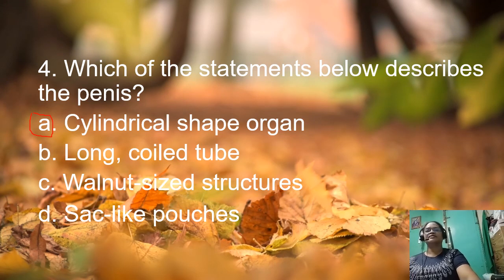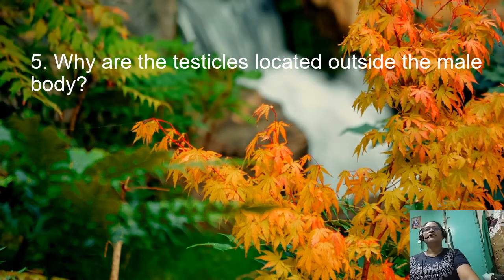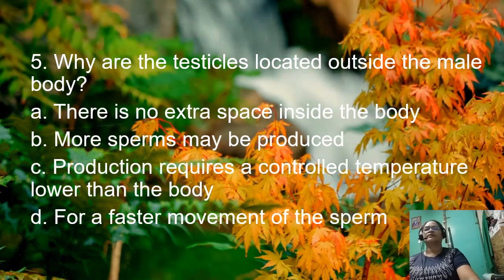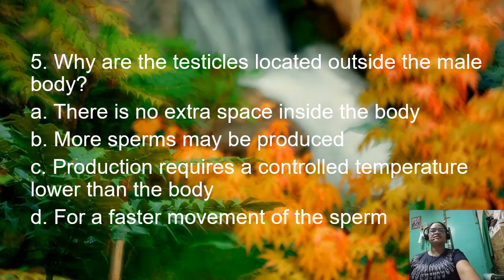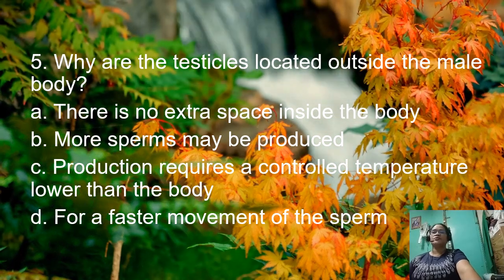Okay, next we go to number 5. Why are the testicles located outside the male body? A. There is no extra space inside the body. B. More sperms may be produced.